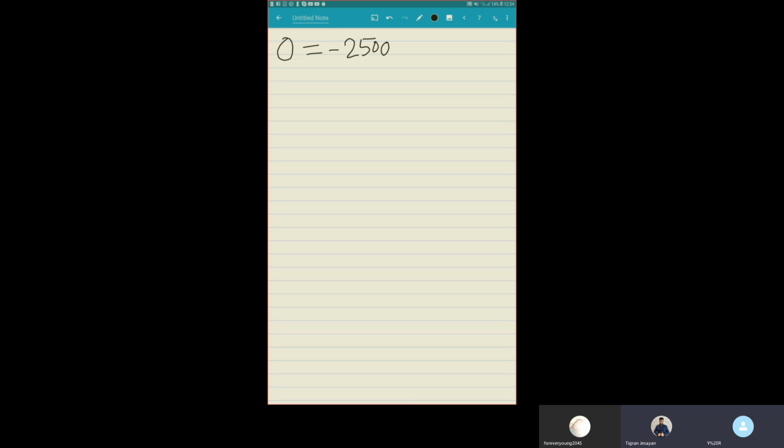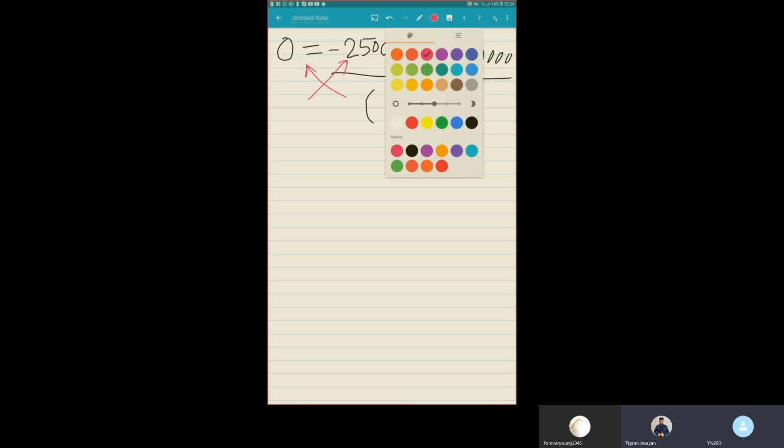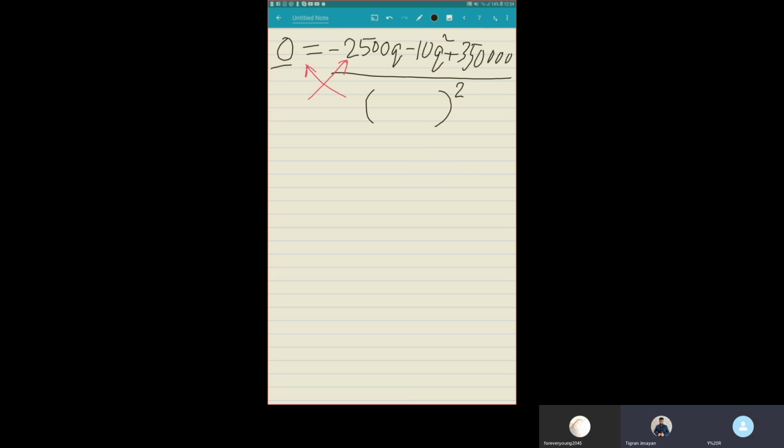Okay, so I will show you my screen again. Do you see my screen? Yes. Plus 350,000 divided by this thing squared. So cross multiply is basically, I think there are different ways to say it, but you can do this term like this. So 0 is 0 divided by 1 actually.